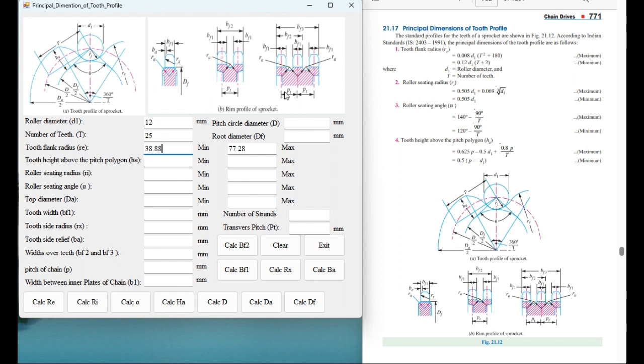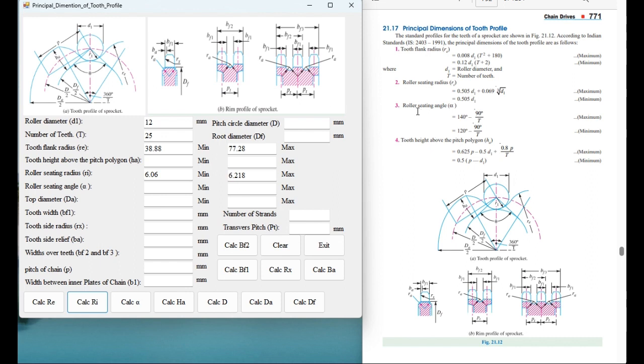So we can calculate the roller seating radius, or RI, here. You see, the minimum value is 6.06 and the maximum value is 6.18 millimeter.